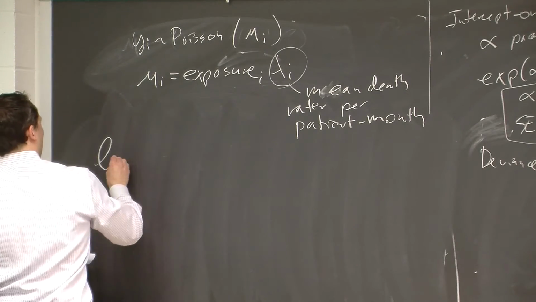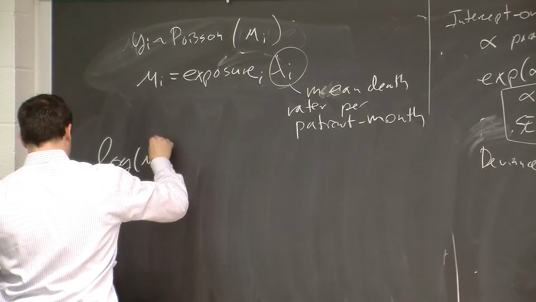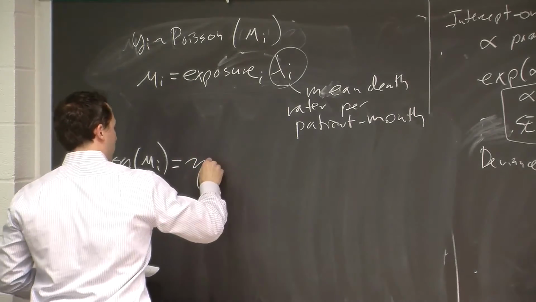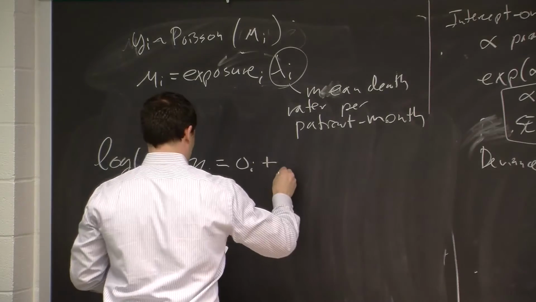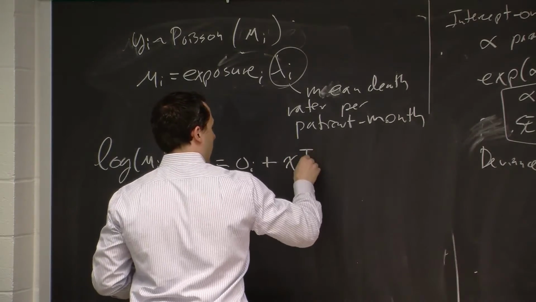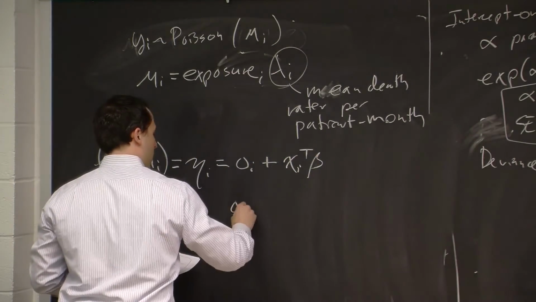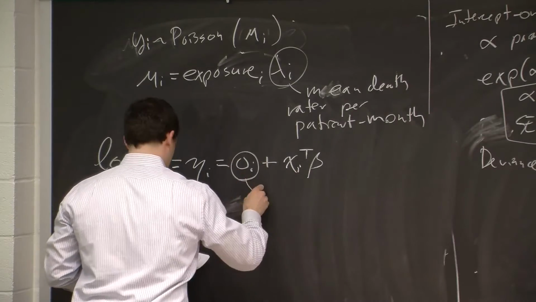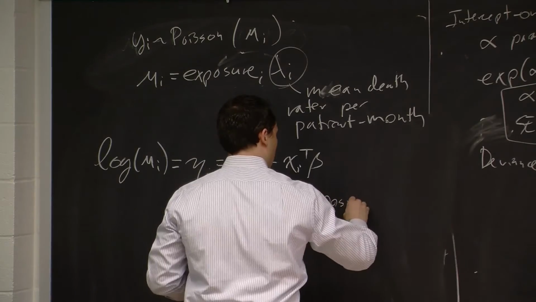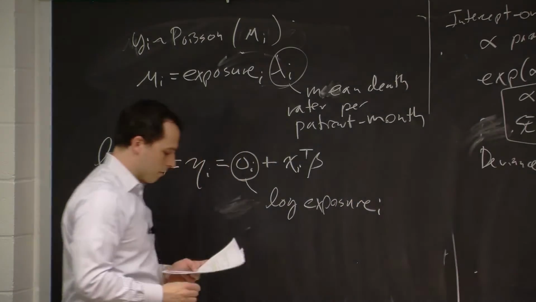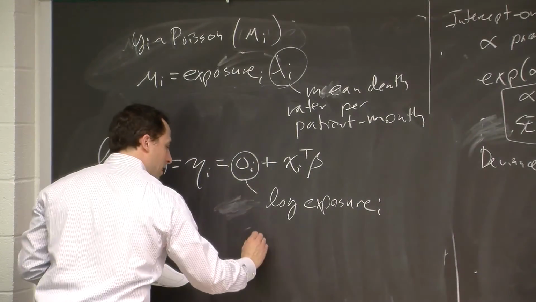So using a log link, we have log mu_i. Our linear predictor is, let's call it o_i plus x_i transpose beta, where this o_i is the log of exposure, log number of months. And this thing is our offset.